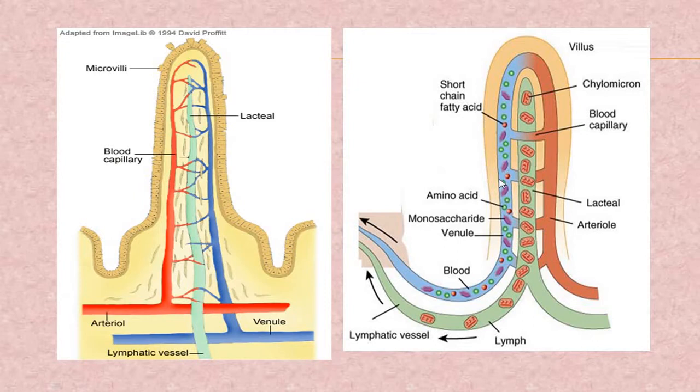Amino acids, which are the breakdown product of proteins. Monosaccharides are breakdown product of carbohydrates. They are transported through the blood, and fats through the lacteal throughout the body, and then each and every cell absorb these digested food particles and utilize it for the sake of energy.